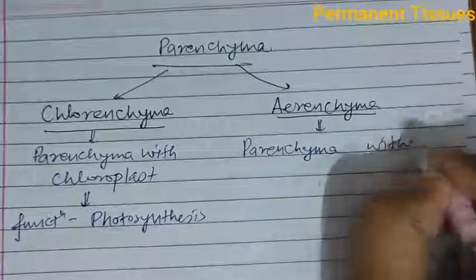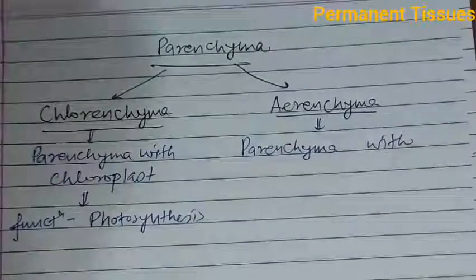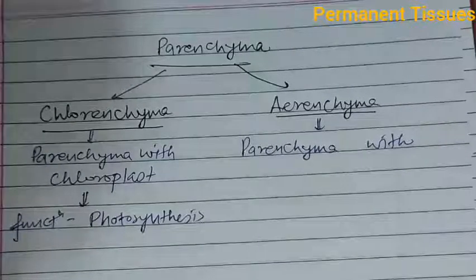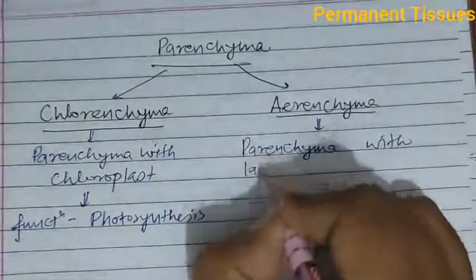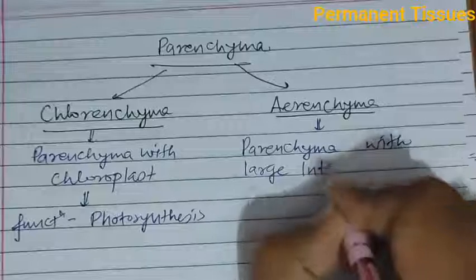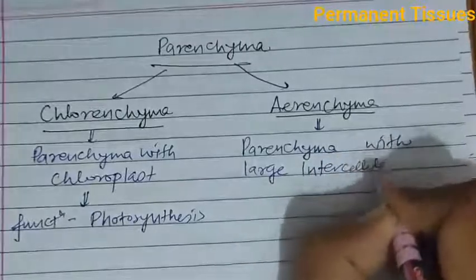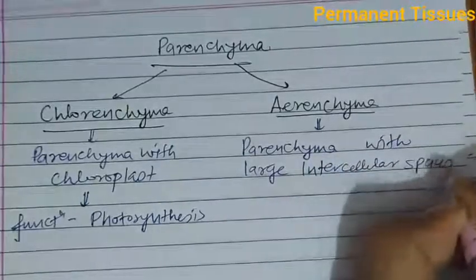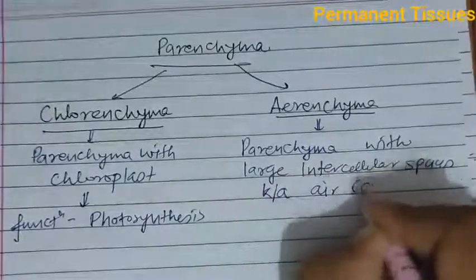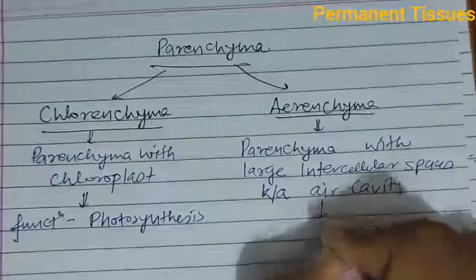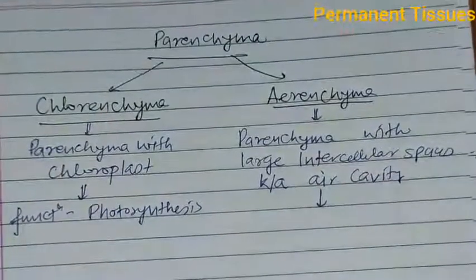But aerenchyma is parenchyma with large air cavities, that is, large intercellular spaces filled with air.